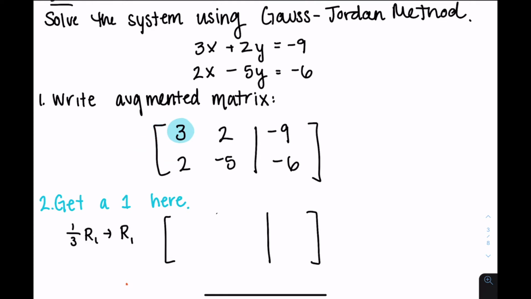So I'm going to take that first row, divide it by 3, and that becomes my new first row. So I take each piece in the first row and divide it by 3. So that'll give me 1, 2 over 3, and then -9 over 3 is going to be -3. My second row, completely untouched.